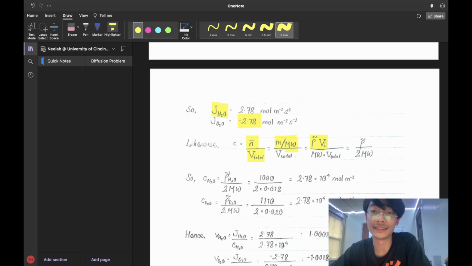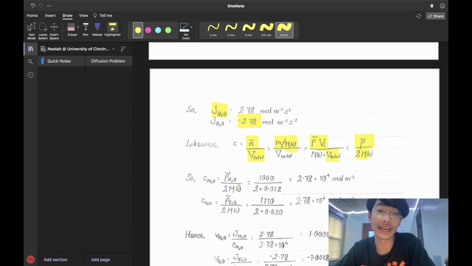Again, we know that the initial volume occupied by either water or D2O is actually half of the total volume of the capillary. So we can write this down again as the total volume being equal to 2 times the initial volume, and the initial volumes cancel out, and we're finally left with this expression, which means that the molar concentration of one component is equal to its density divided by 2 times its molecular weight.